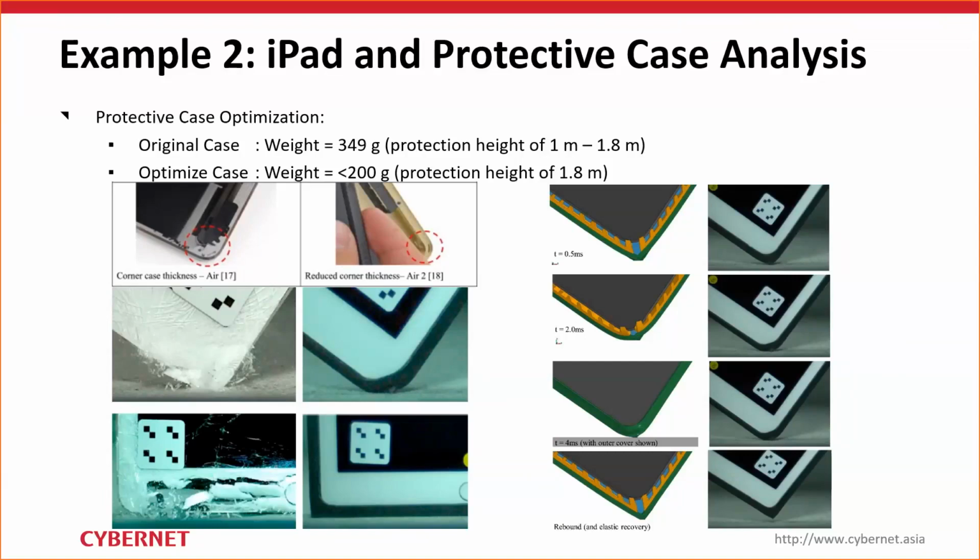The original design was optimized by cleverly redesigning the internal structure of the case and removing some of the unnecessary materials that do not serve as a support during the drop events. As a result, the optimized case managed to have a weight reduction to less than 200 grams with the same protection height of 1.8 meters.